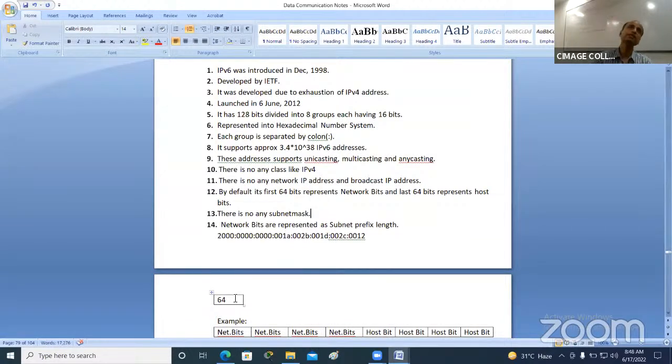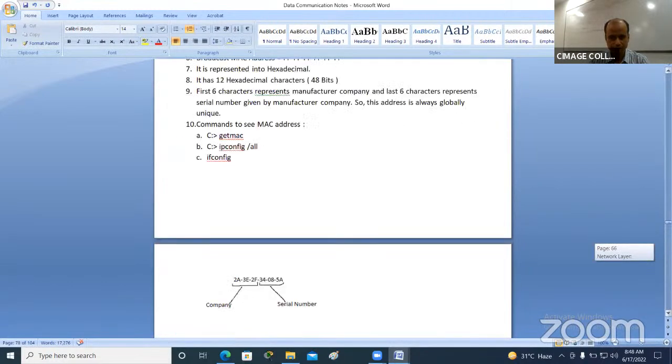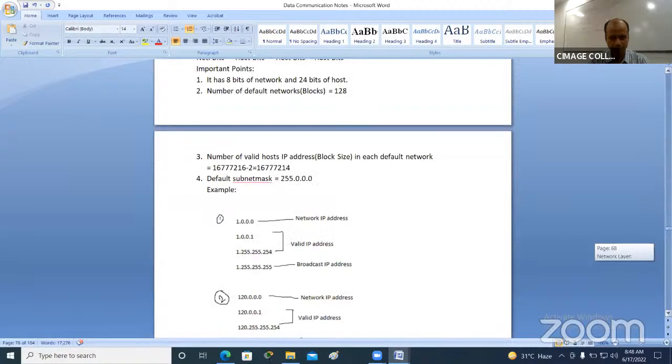As we have seen in IPv4, we can use the same thing, that is known as slash notation of IPv4 address. I think I have discussed this.